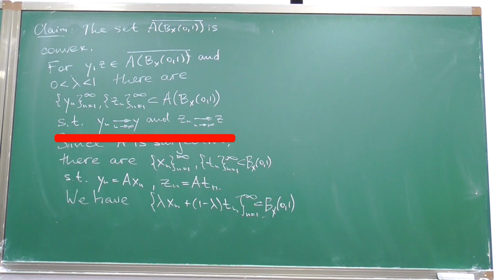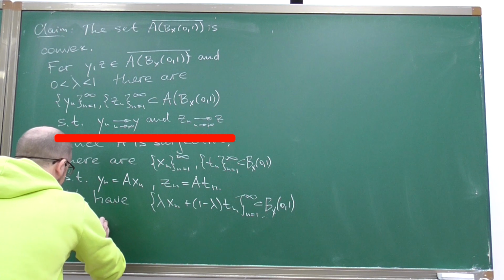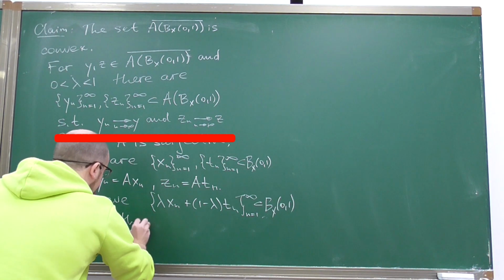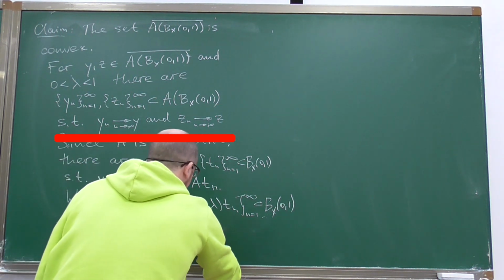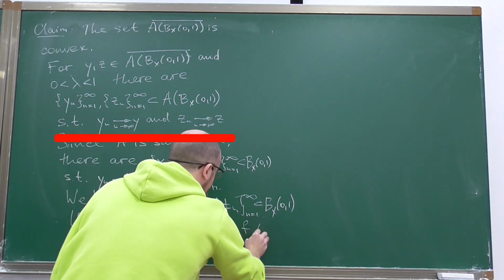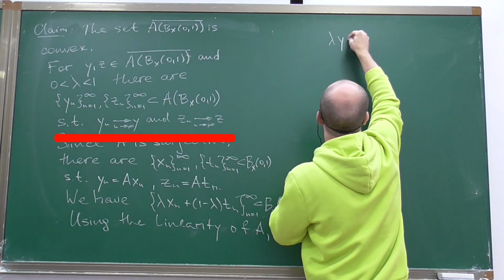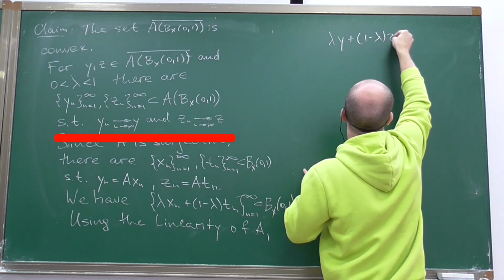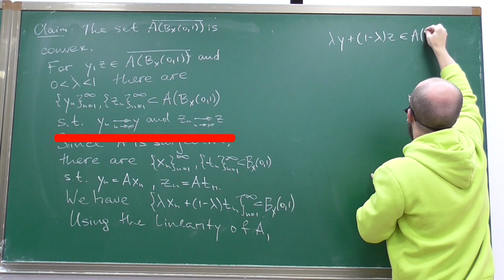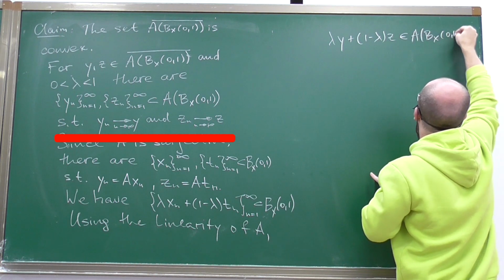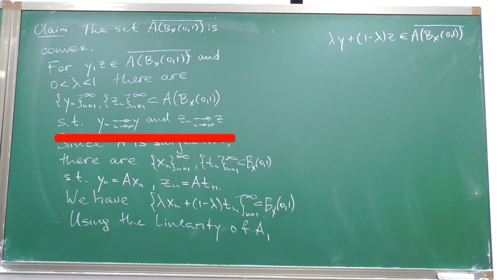Now, using the linearity of A, we obtain that lambda y plus 1 minus lambda z belongs to the closure of the image, which means that this set is convex.